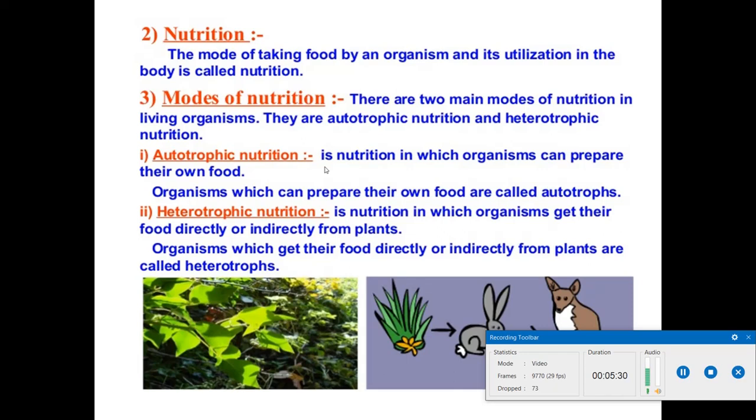Such type of nutrition is termed as heterotrophic nutrition. Here, the organism cannot prepare its own food, so it directly or indirectly depends on plants for their food. So, organisms which get their food directly or indirectly from plants are termed as heterotrophs.